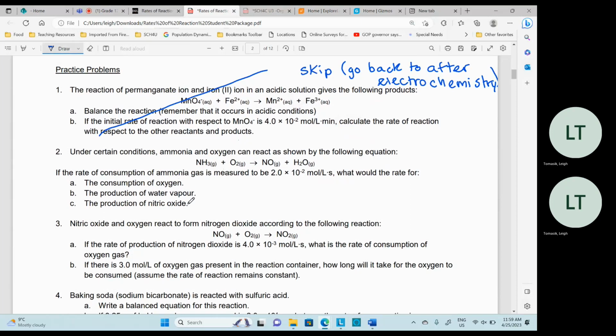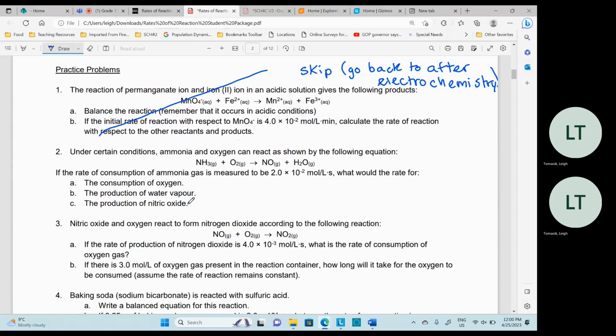So first thing we need to do with this problem is we need to make sure that our chemical equation is balanced. And it doesn't look like it is, okay? Because we have 3 hydrogens on the reactant side and we only have 2 hydrogens on the product side.